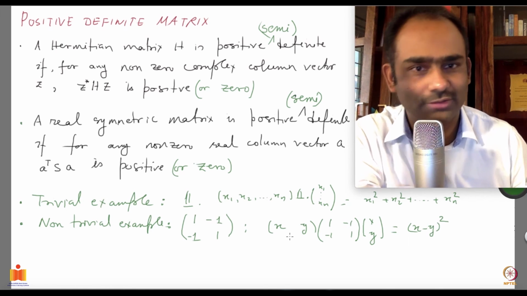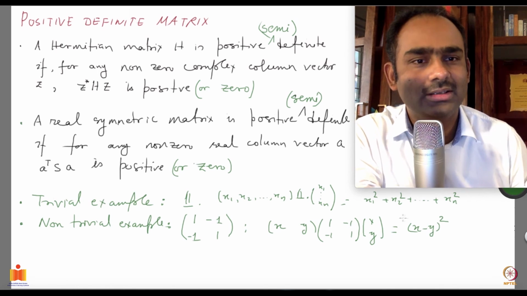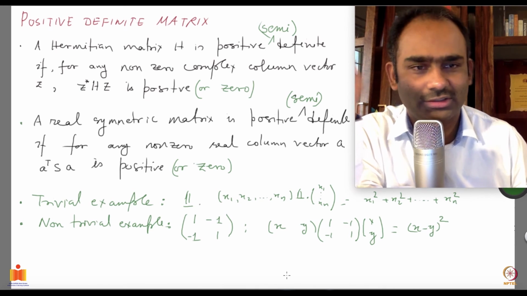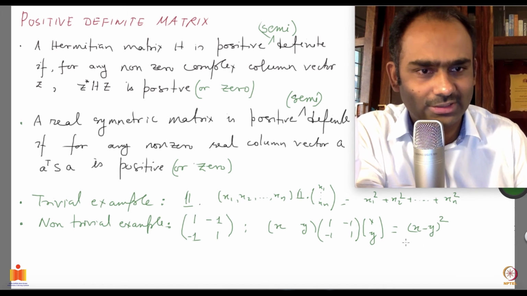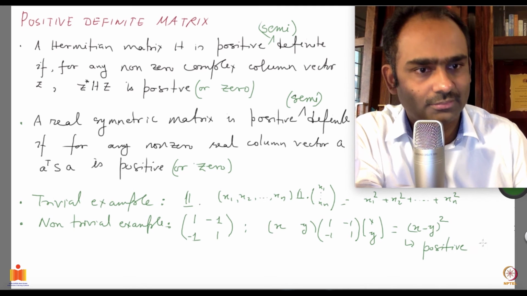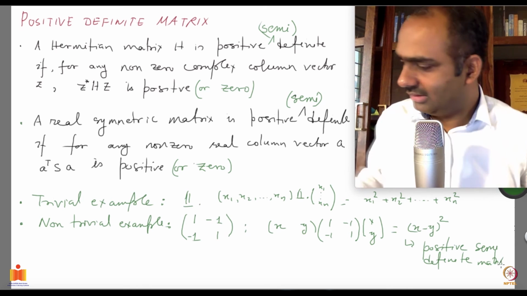You choose 2.5, 2.5, you get a 0. But if you choose x and y to be different, you get non-zero. So this is clearly an example of a positive semi-definite matrix. Okay, that's good.